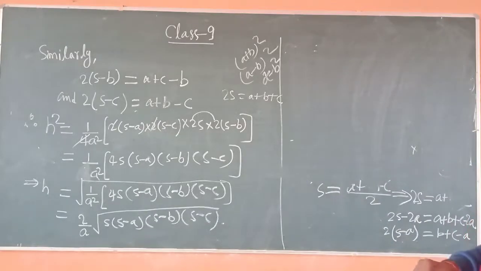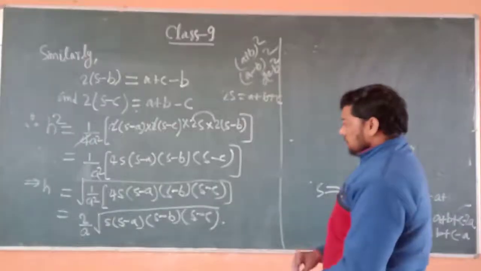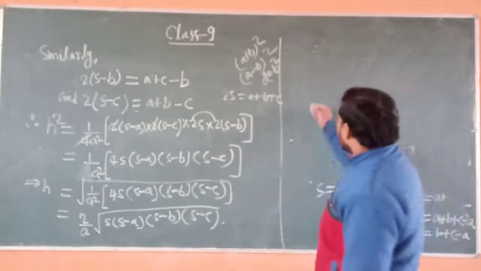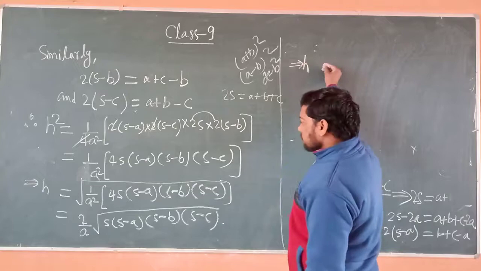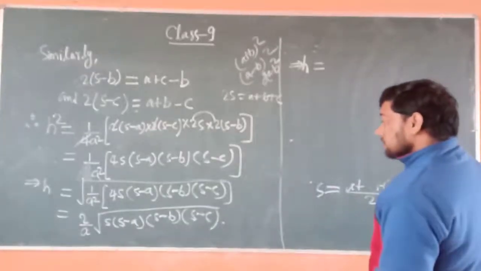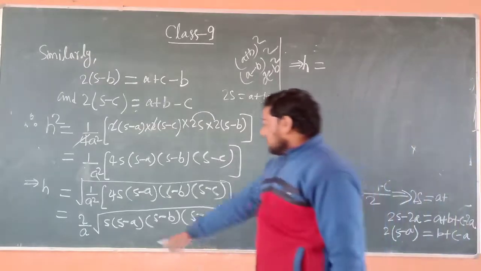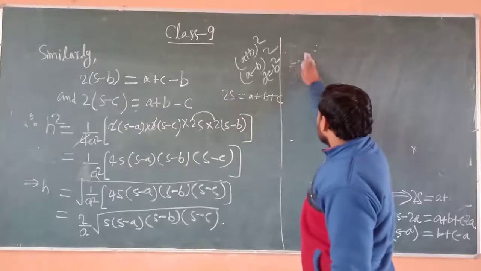So there are so many facts, so we want to learn the derivation of the formula. Which implies that h is equal to 2 upon a into under root s into (s minus a) into (s minus b) into (s minus c).